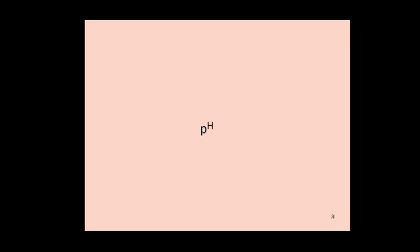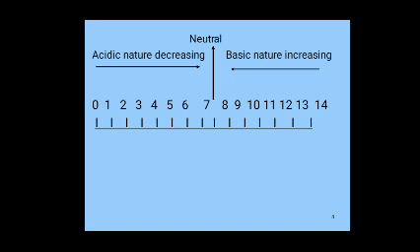How many H plus ions are present in a given solution is measured by using pH. The pH scale ranges from 0 to 14.